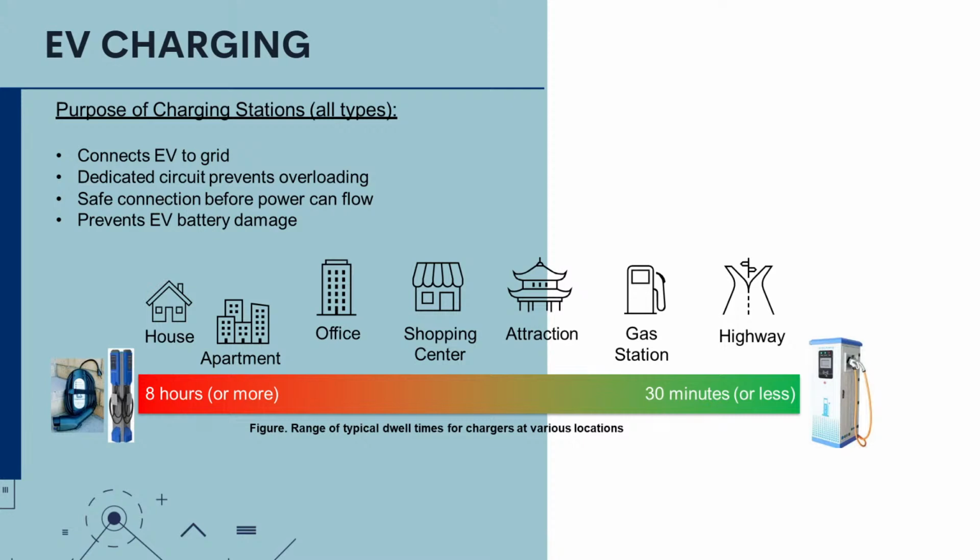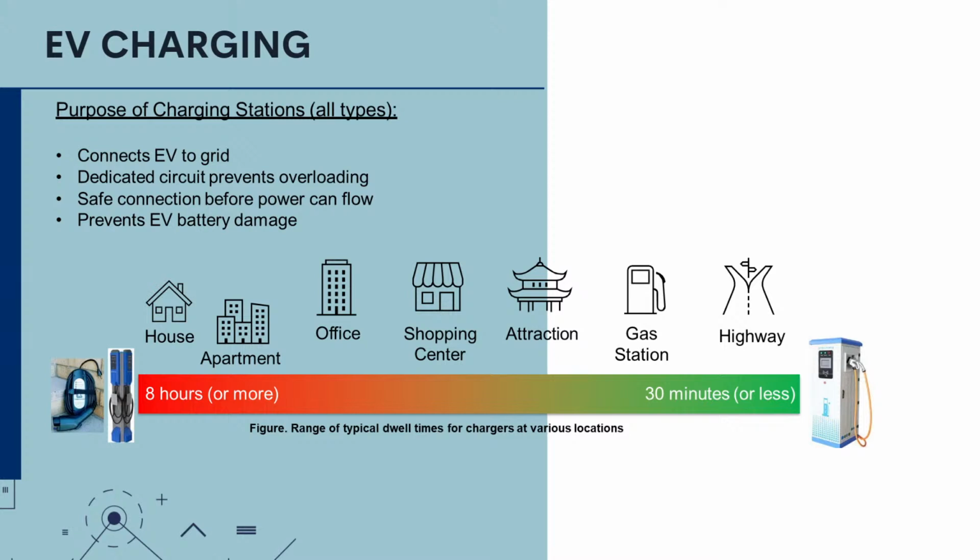Next, a dedicated circuit prevents overloading. Charging stations are typically installed with a dedicated electric circuit, so the electricity used for charging does not interfere with the electrical appliances in our home or facility.